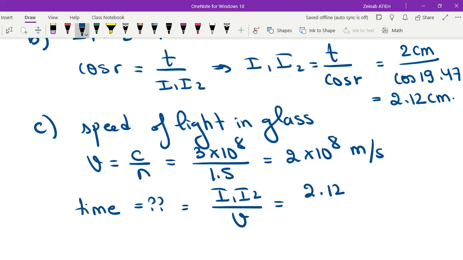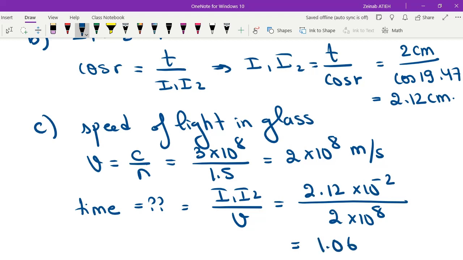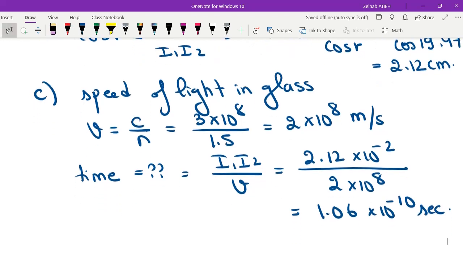Here we must convert, because V is in meters per second and above is in centimeters, so I have to change the unit so meter with meter will cancel, over 2 times 10 to the power 8. Calculate, you will get 1.06 times 10 to the power minus 10 seconds. So this is the time.